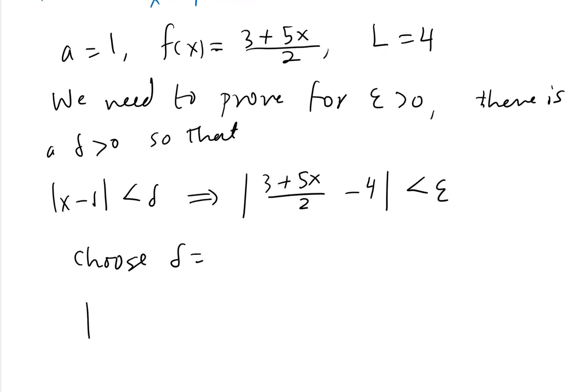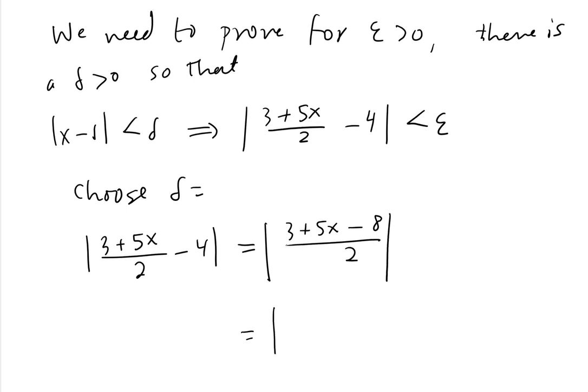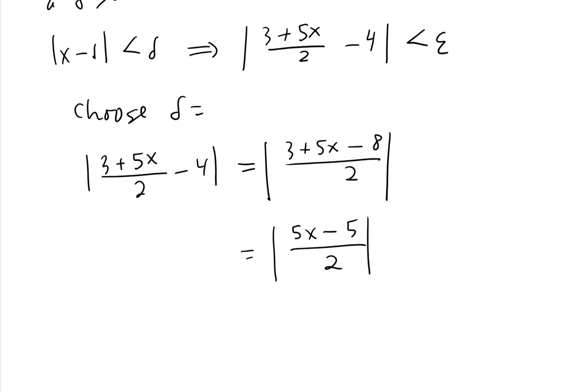We start with the absolute value, this one. What can we do here? We can combine the fractions by taking the LCD 2. Then on the top we get 5x minus 5 over 2. Take a 5 out and keep the 2 out. x minus 1.